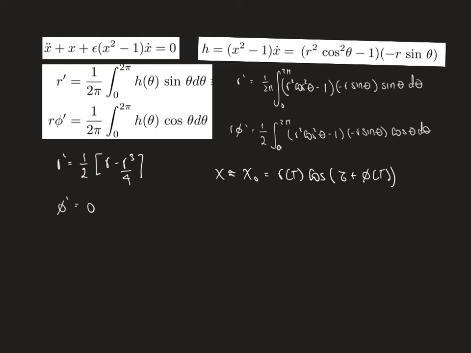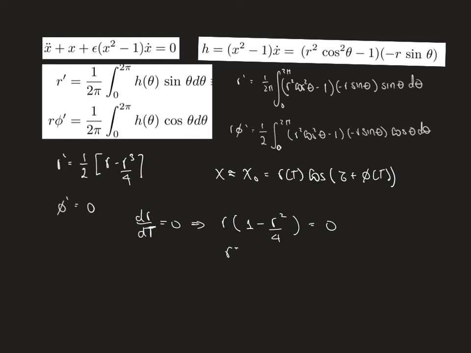So let's say when r dash, so let me just write it in this way to make it more explicit. When this is 0, it means that we have r, factorize, 1 minus r squared over 4 equal to 0.